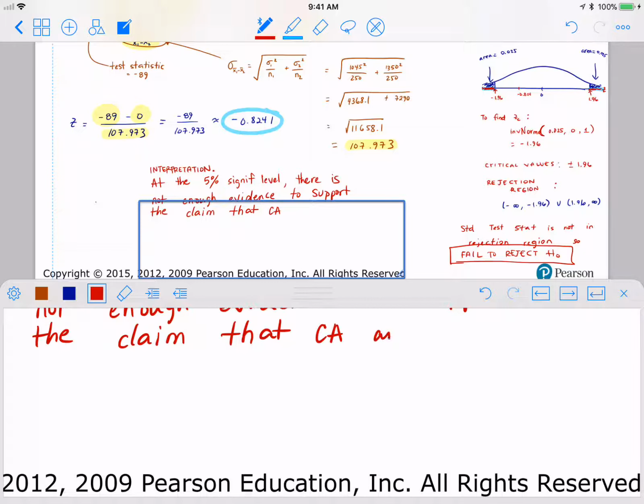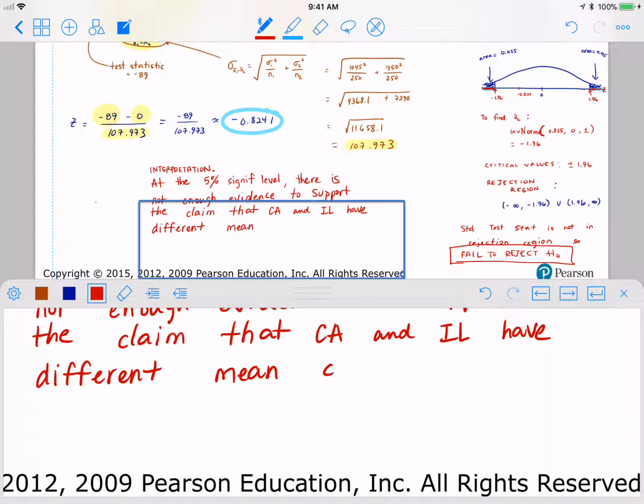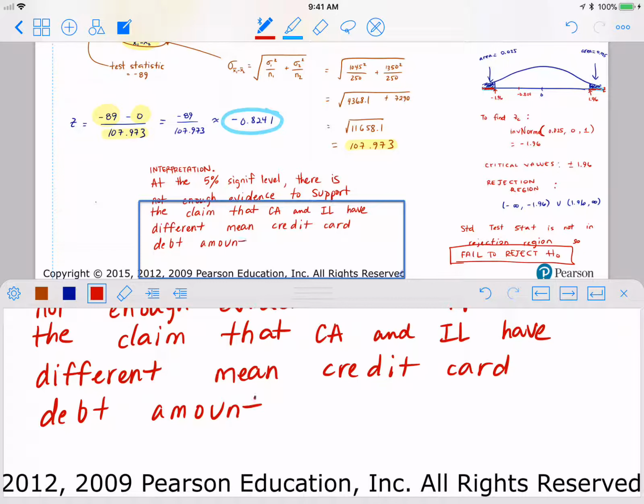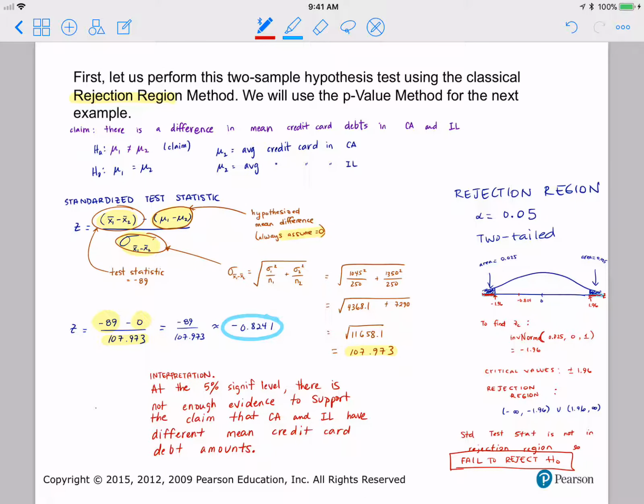So that California and Illinois have different mean credit card debt amounts. Okay, so there we go.